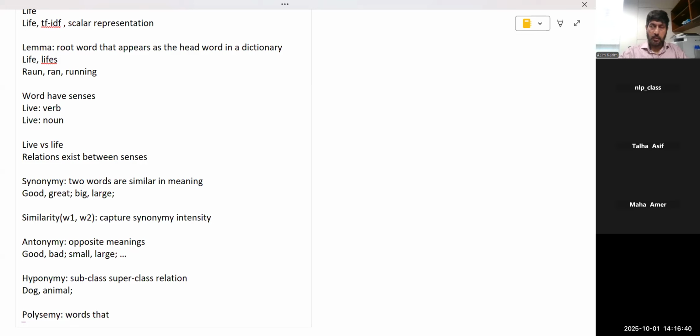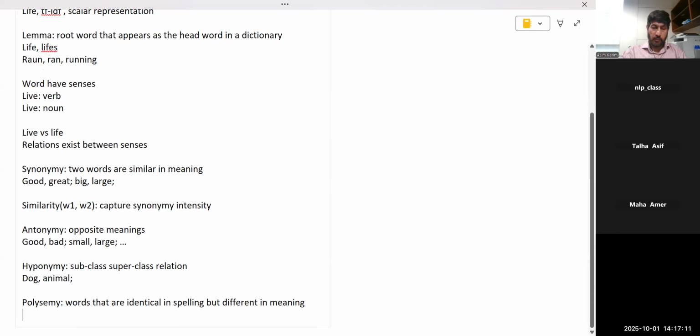Words that are identical in orthography, in spelling, but different in meaning. Meaning that a word may have multiple senses. So this is the same concept we discussed earlier: words have senses. So there may be words that have different senses, even though they might be spelled the same way. So you can take various examples here. For example, bank. Okay.